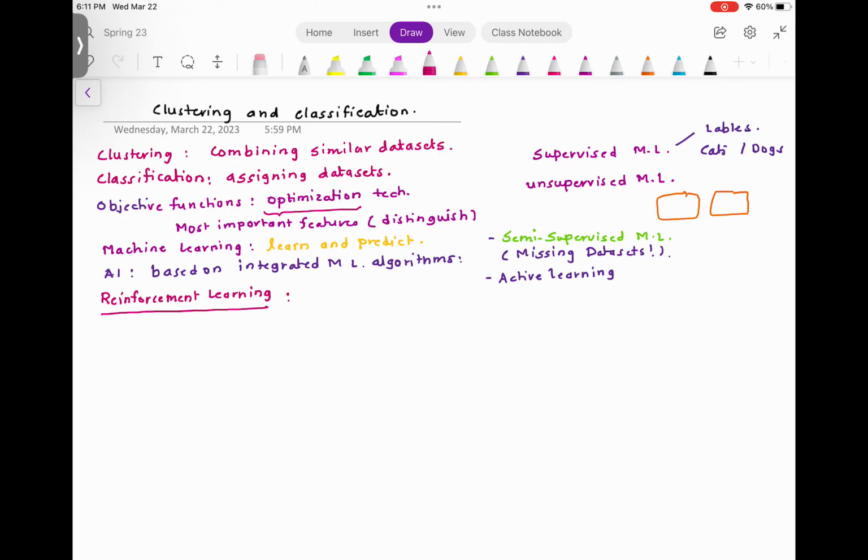If the algorithm succeeds, then you reward. If the algorithm fails, then you punish. And you perform this reward and punishment cycle iteratively, and that actually leads to refinement. And reinforcement learning has been widely used in a lot of techniques and algorithms where this reward-punishment type of approach has been used.